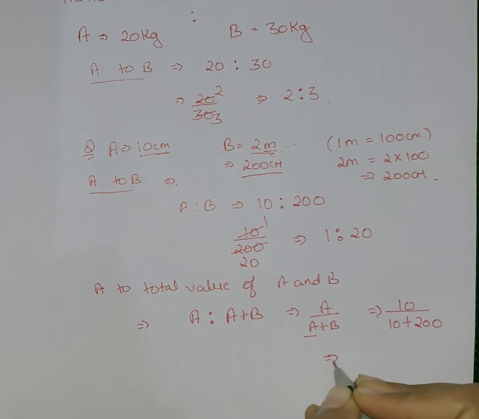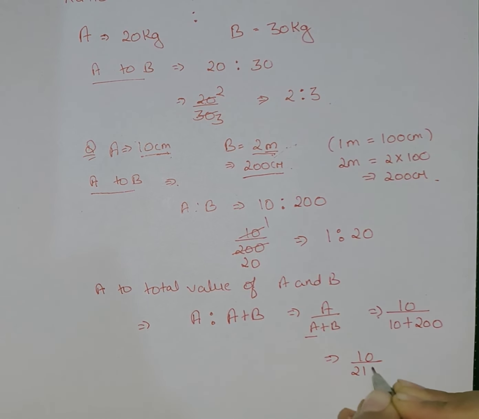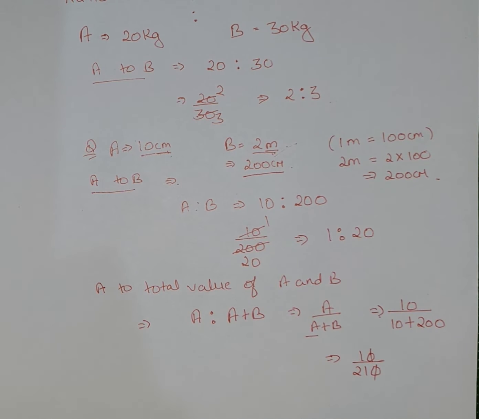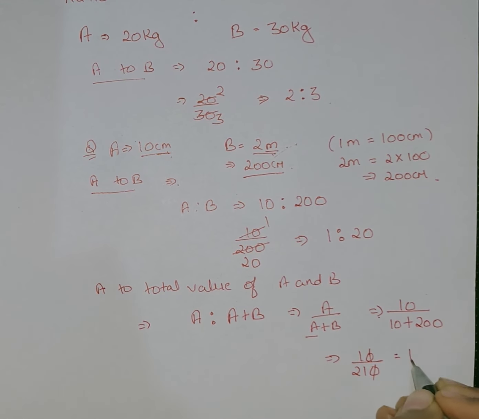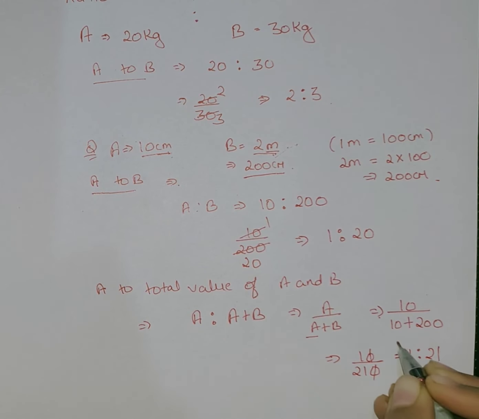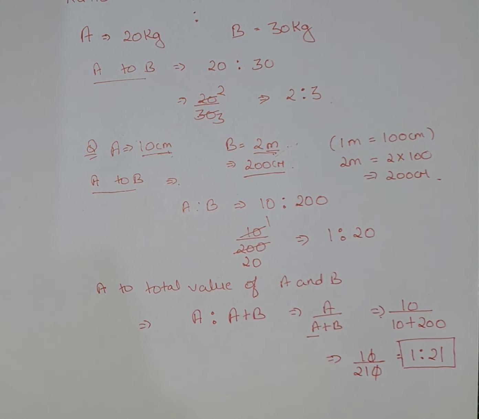So when you add this, 10 upon 210, so the zeros will be cancelled out. So the ratio of A to the total is 1 ratio 21.